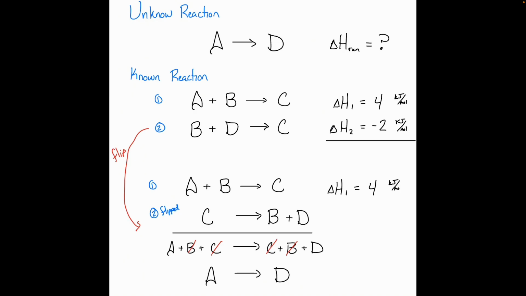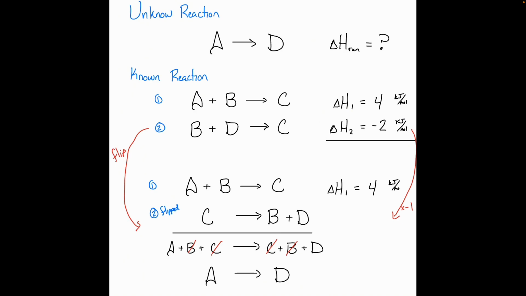The problem is that I flipped this second reaction here. So I know that in this forward direction, B is going to combine with D to create C, and that will release 2 kilojoules. Well, if it goes the other way, that reaction will just absorb 2 kilojoules. So I'm going to need to flip my delta H as well. What do we mean by that? I mean I'm going to multiply it by -1. I got to change the sign.